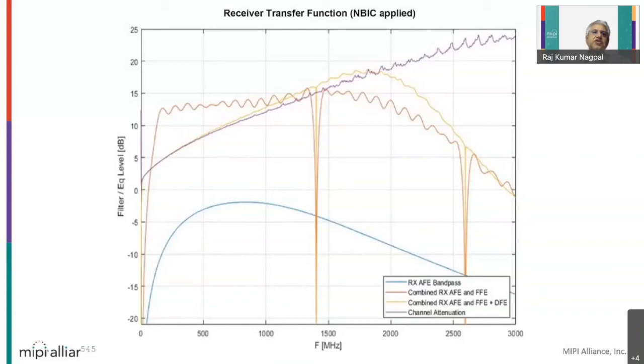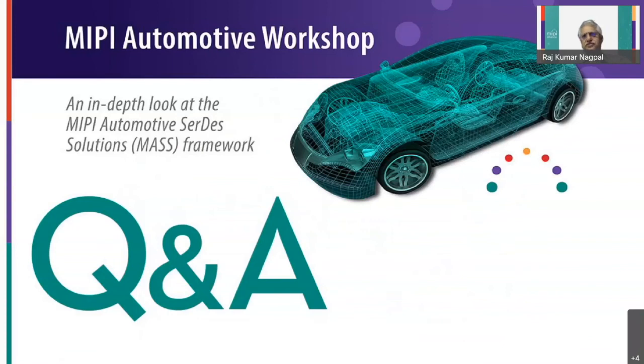To handle dual tone NBIC, you have a dual tone notch filter, which is automatically tuned by your algorithm, which is LMS based. So this is all at the very top level. I have tried to explain how this system model is working. And I think this is all for today. If you have any questions, you can ask me.